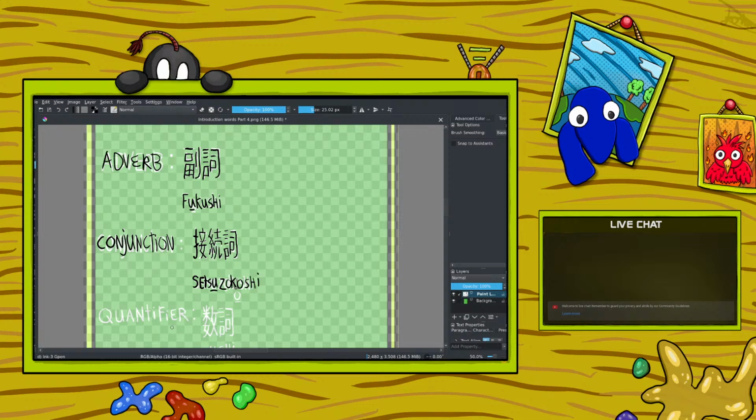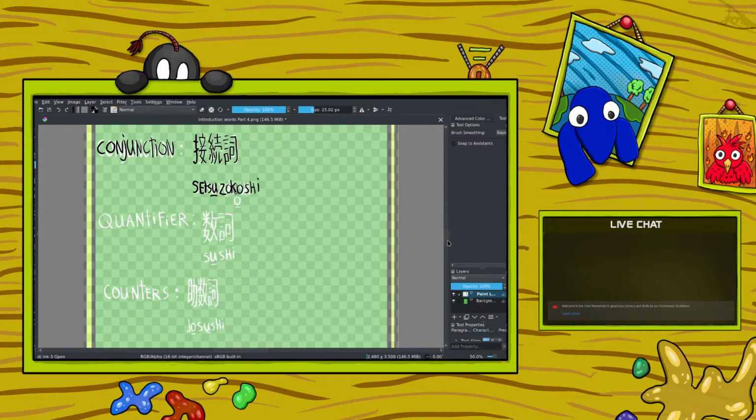Setsuzokushi. Then we have quantifier, sushi.